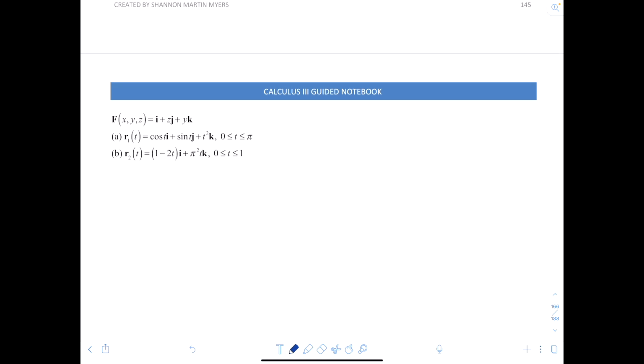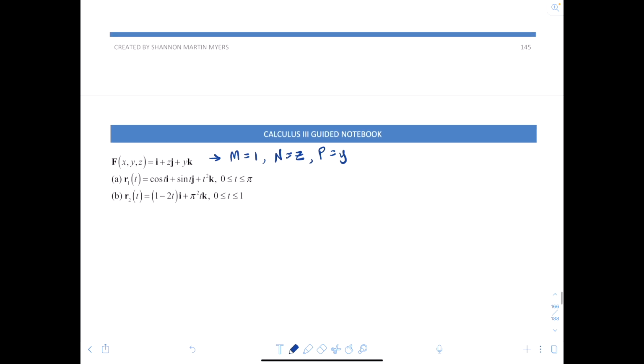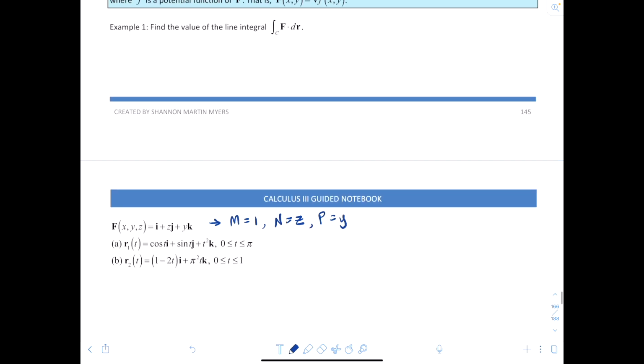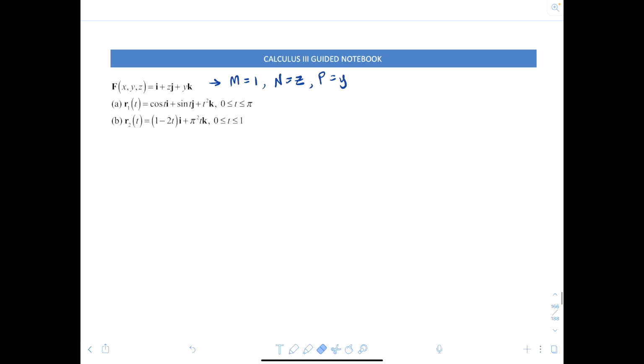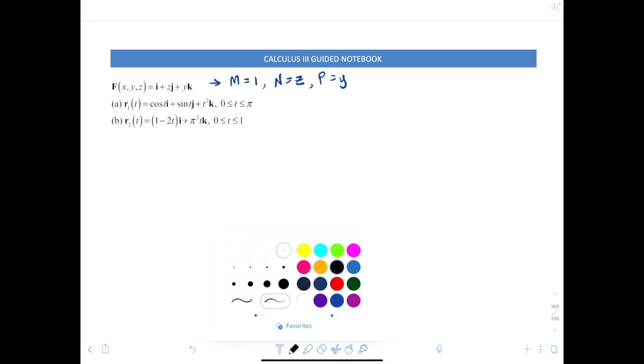From here I can see that M is equal to 1 because that's the coefficient of i, N is equal to z, and P is equal to y. Cool so far? So we want to make sure it's conservative. To check to see if it's conservative, let's do it.